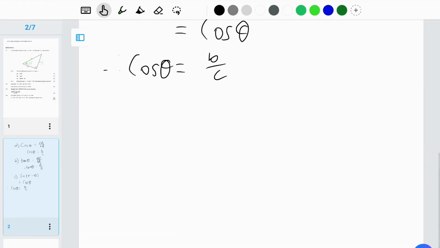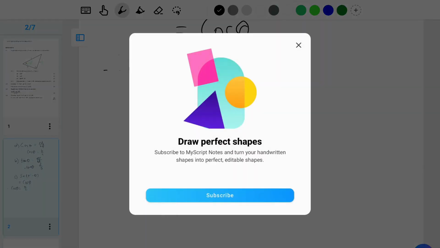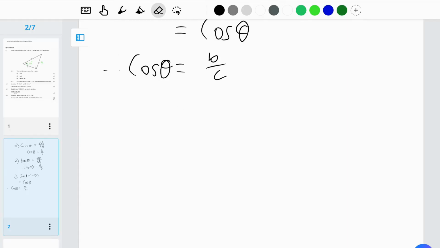Let's just get some more space over here. Looking at that, I think let's use tan. We can say the tan of 50 degrees equals opposite over adjacent.